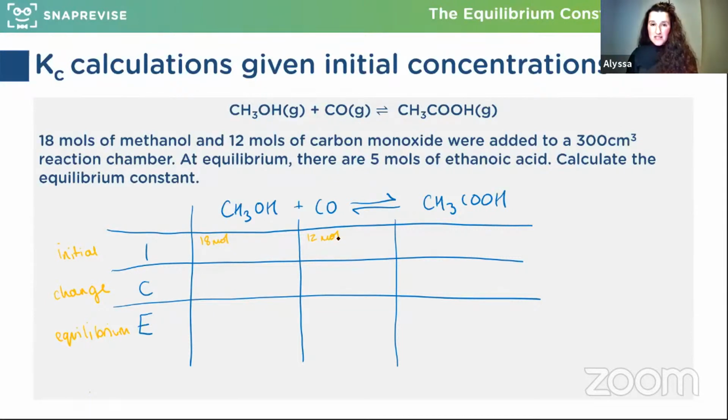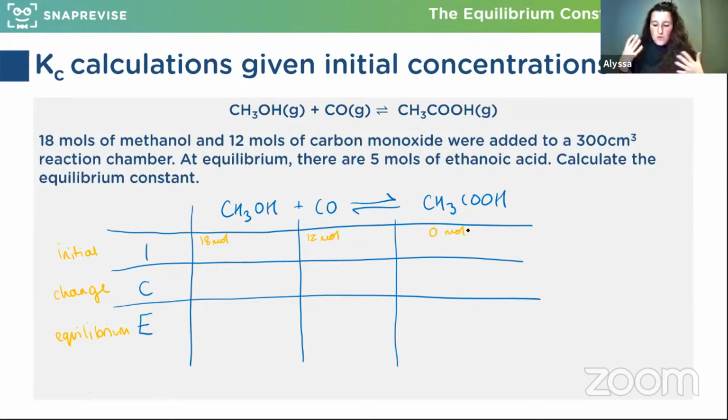So I can immediately write in some numbers: 18 moles of methanol, 12 moles of carbon monoxide, and 0 moles of ethanoic acid. You have to practice working out what these questions are telling you. This question is telling me I started with methanol and carbon monoxide and added them to a reaction chamber. So I started with no ethanoic acid.